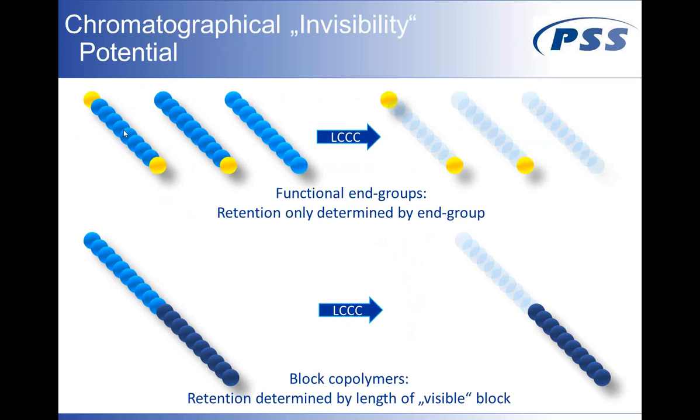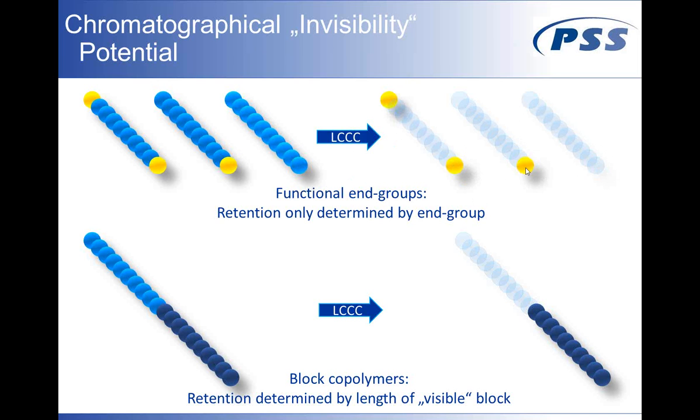However, if I now make my repeating units chromatographically invisible, meaning I select a certain solvent such that the repeating units do not contribute to the retention volume anymore, my column sees only the end group of the polymer. So if I have functional end groups, retention in liquid chromatography under critical conditions is determined only by the end group functionality.